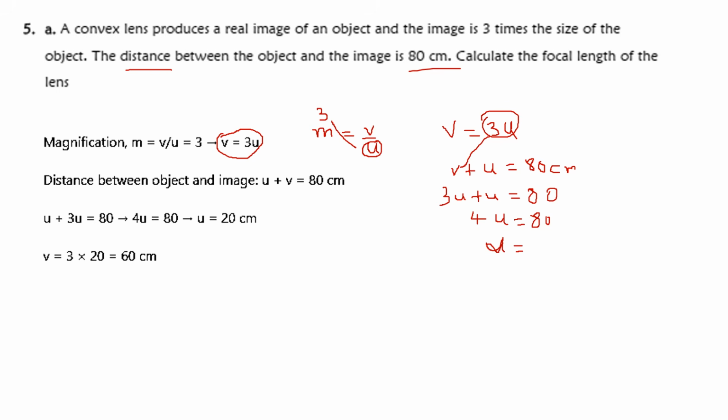So now that we know U as 20, but V is equal to 3U, it will be 3 times 20, which is 60 centimeters. So we have our U is equal to 20, and our V is 60.